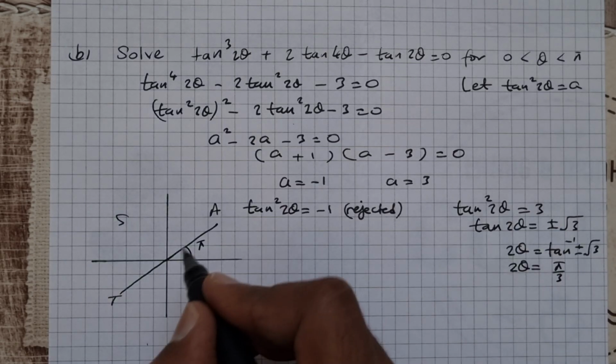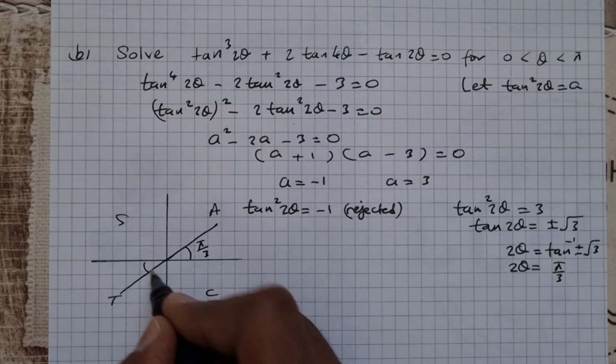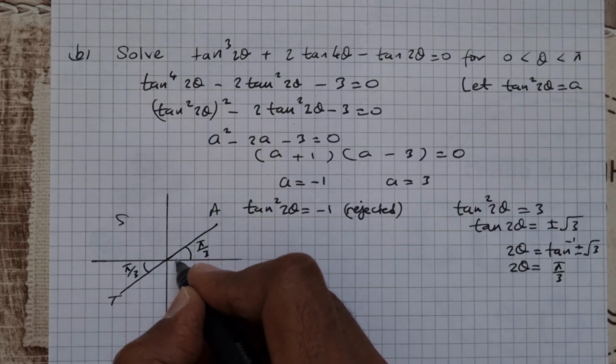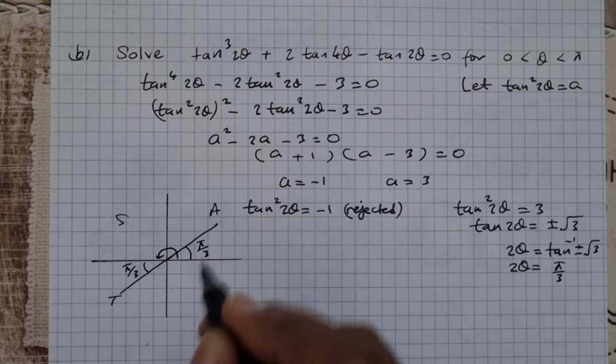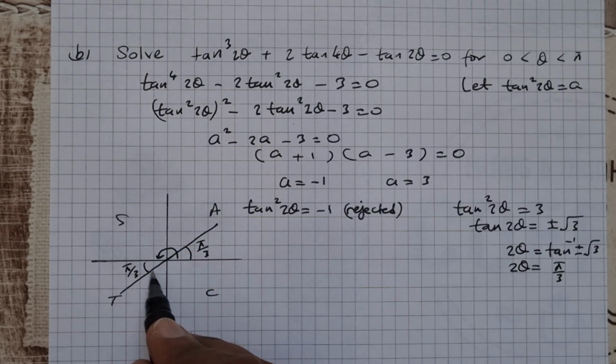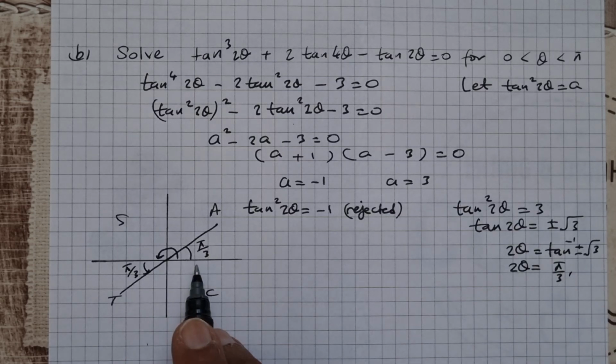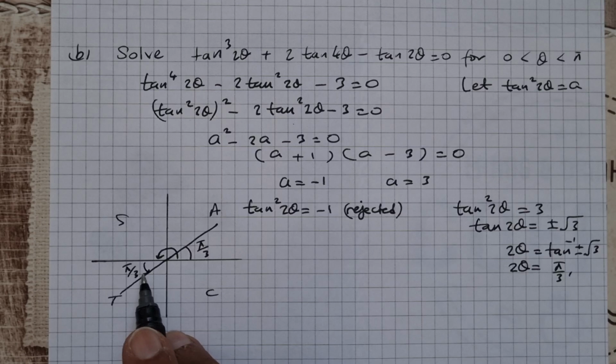Okay, so we got pi upon 3 here and pi upon 3 over here for tan, rather. So we need to add on pi to get to this angle here. So this is the whole angle here. Basically what we have then is pi over 3 plus pi.